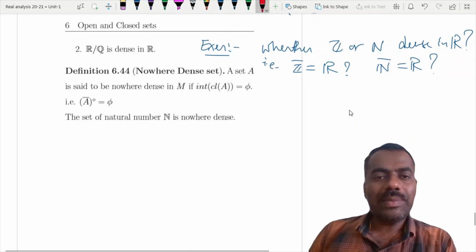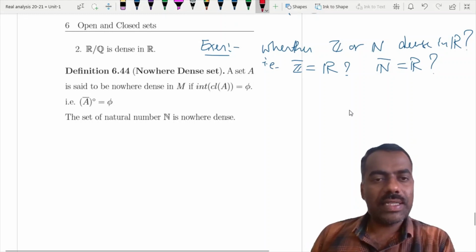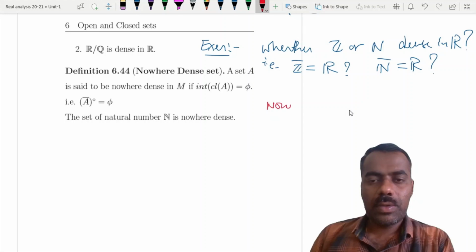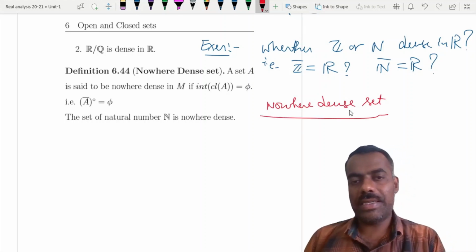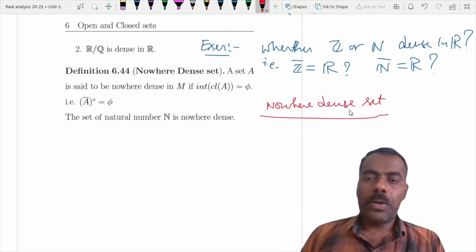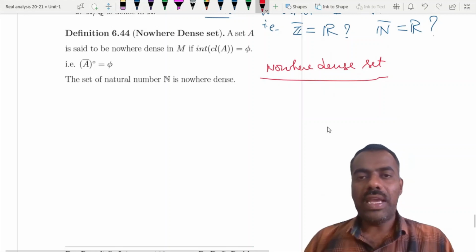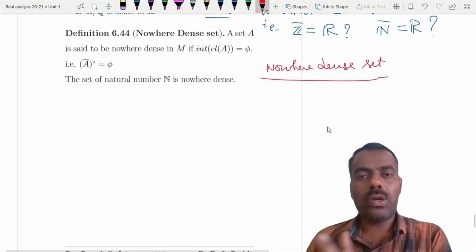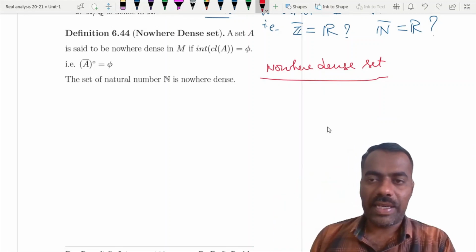Now the last one for this lecture is nowhere dense. Nowhere dense is not the same as a not dense set. Nowhere dense in the sense that the elements are not closely put, not compact in that sense.